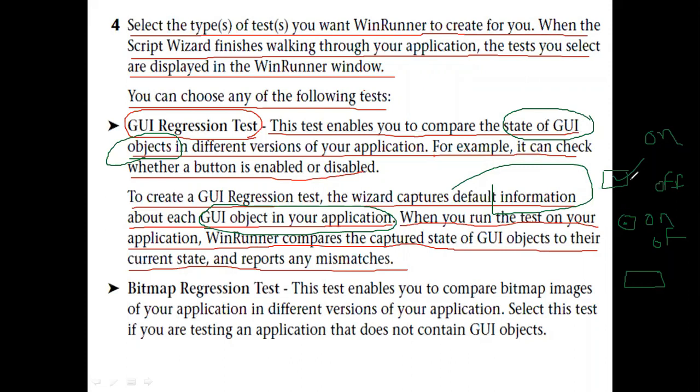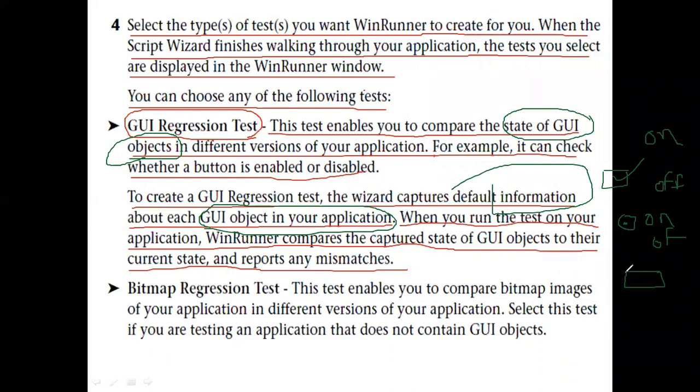That means all the checkboxes, text boxes, and the push buttons, all the GUI objects information are captured by this wizard. So when you run the test on your application, WinRunner compares the captured state of GUI objects to their current state and reports any mismatches.